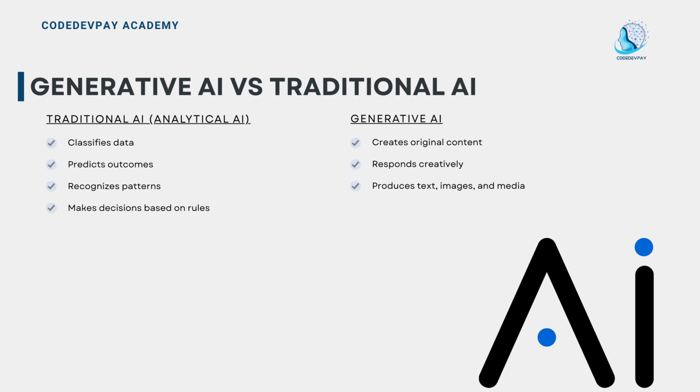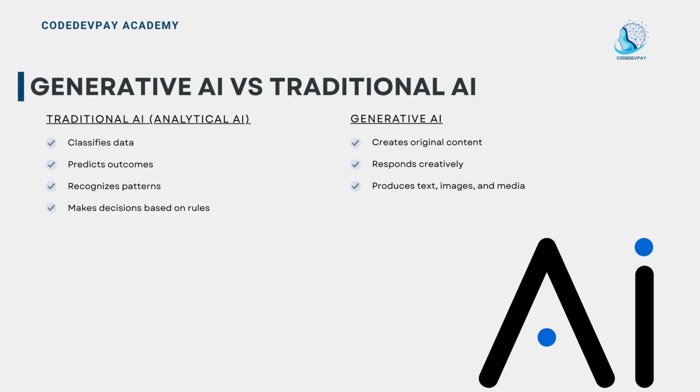Some things that we should know is that traditional AI classifies data, predicts outcomes, recognizes patterns, and makes decisions based on rules. Examples are fraud detection, face recognition, and recommendation systems. Generative AI can create original content, respond creatively when it receives a prompt, and produce text, images, and media.